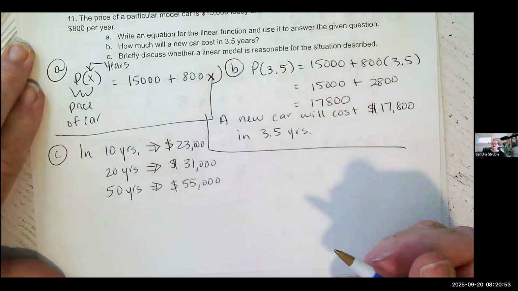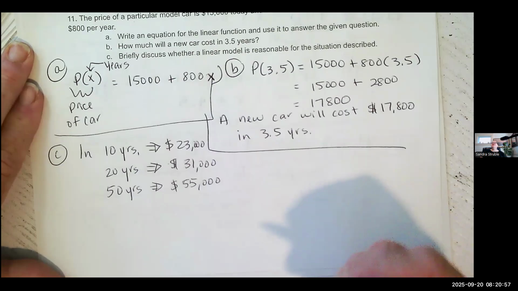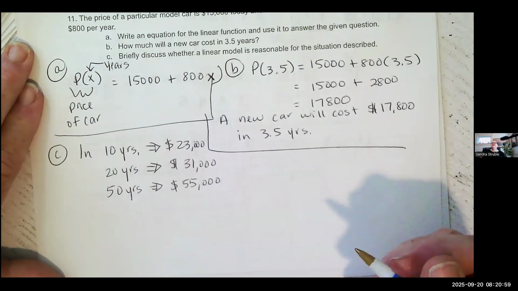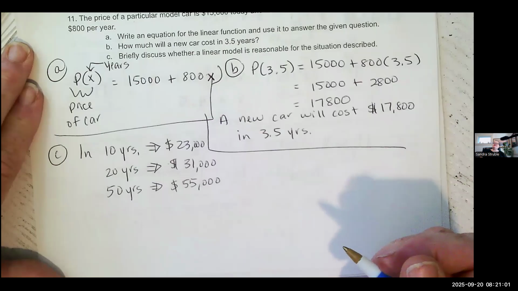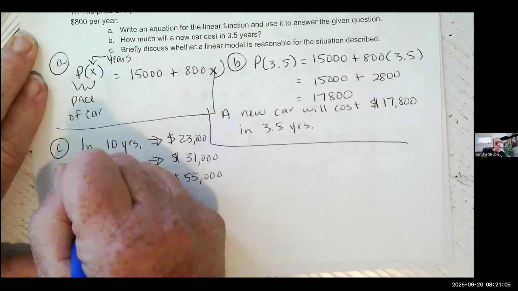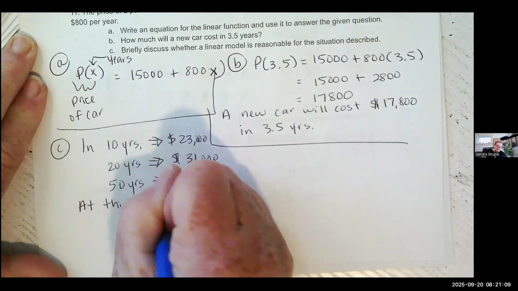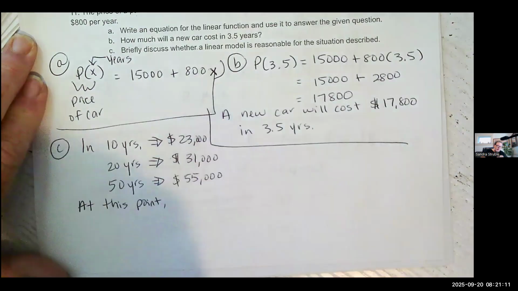Because if you think about a car from 1950 to 2000, did it go up that much? Yeah, it did. So at this point, and this is just me writing, you write your own thing. I don't need you to write exactly what I do.